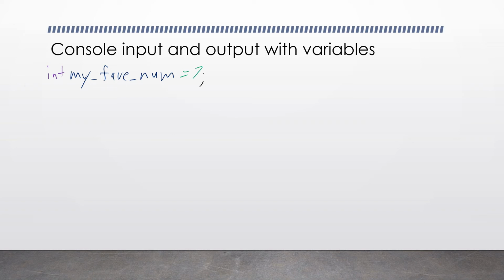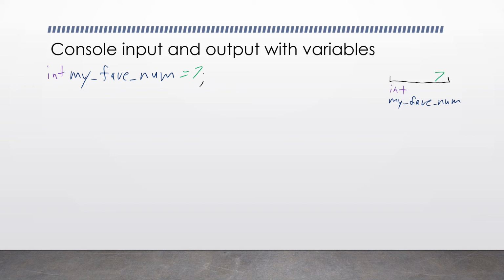Okay, so we've got over here a memory box, type int, name my favnum, value 7.